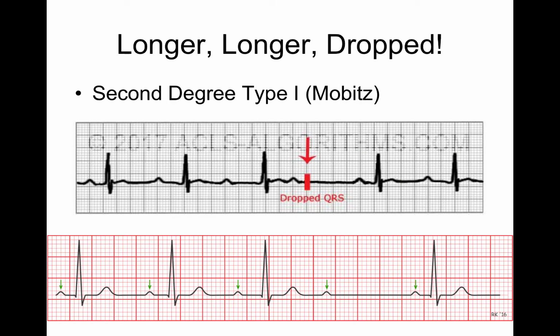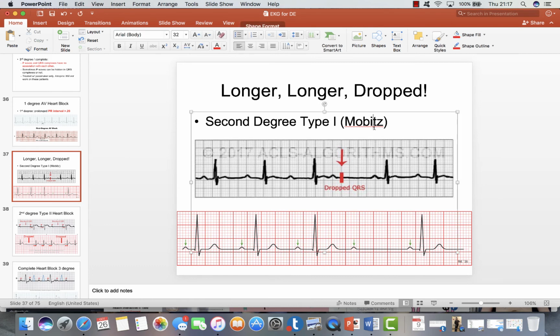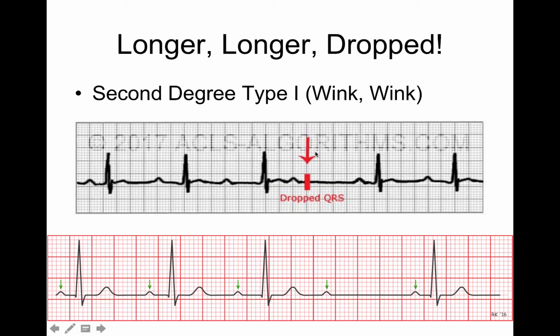So when it comes down to a second degree type 1, I put here Mobitz 2, but I'm going to change that real quick to winky Bach. I'm going to call this a winky Bach. Here's the way I describe this, and it usually works. You have someone that you find super attractive, and they're walking down the street.